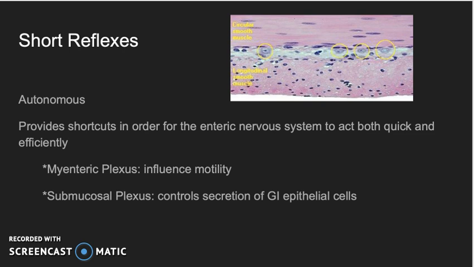This provides shortcuts in order for the enteric nervous system to act both quickly and efficiently. These short reflexes utilize and are located within nerve plexi, which we'll get into in detail. The myenteric plexi and the submucosal plexi both function in different capacities. So let's get into that.